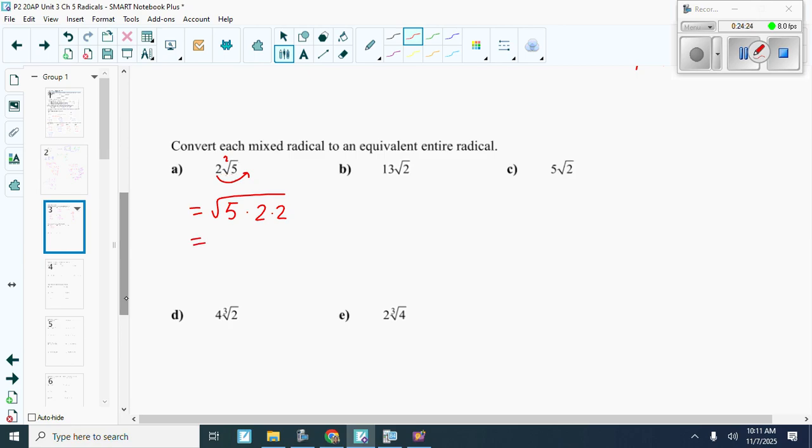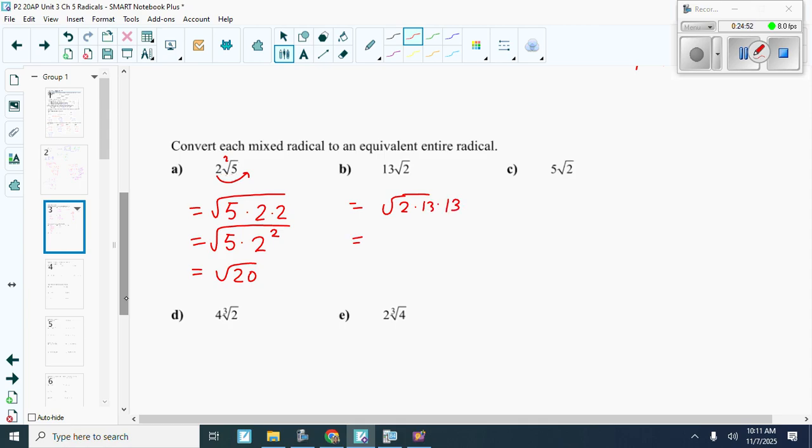Other people visualize it like they multiply the coefficient and use that index as the exponent. Those two things are exactly the same. So here again, you're moving up to root 20. I'll probably write it like that.